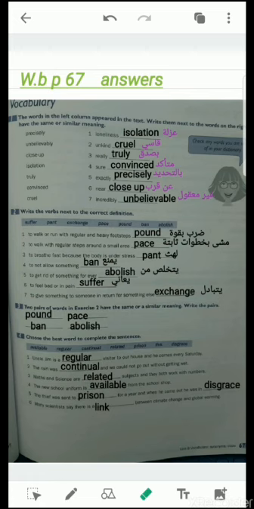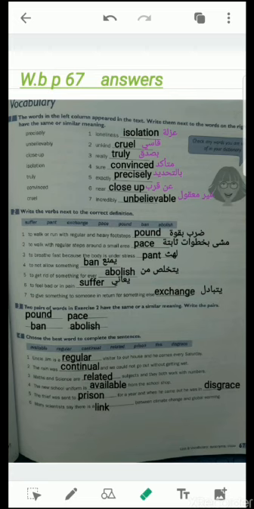So we have pound, يضرب الأرض بقوة. Number 2, to walk with regular steps around a small area, which is pace. يمشي بخطوات ثابتة حول منطقة معينة. It is also a description of the tiger's movement as a sign of stress.